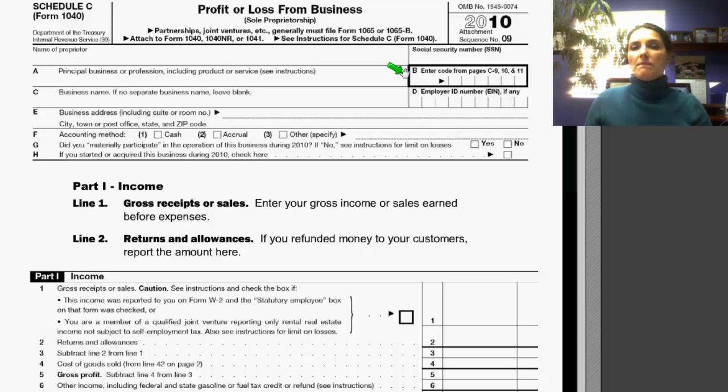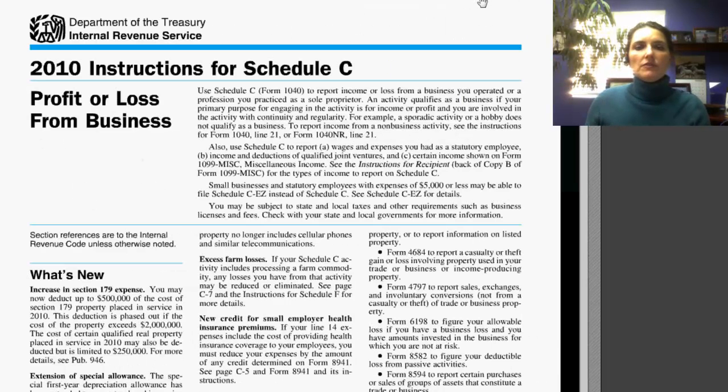Now, I did want to point up here at the top, Box B. Enter the code from pages C9, 10, and 11. Well, what this is referring to is the instructions for Schedule C. So let me just show you what that is referring to. So I have up in front of you here the form instructions for Schedule C, and a large part of what I'm teaching you in today's lecture is coming from this form, or rather these form instructions.